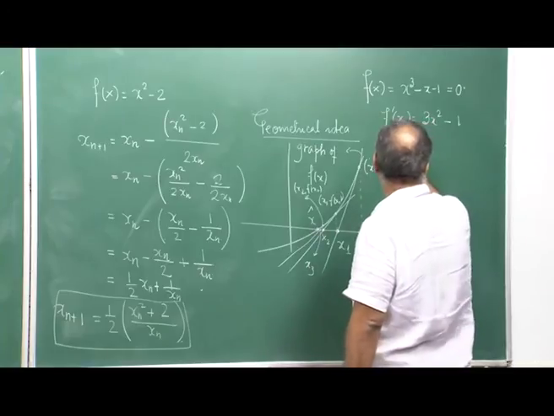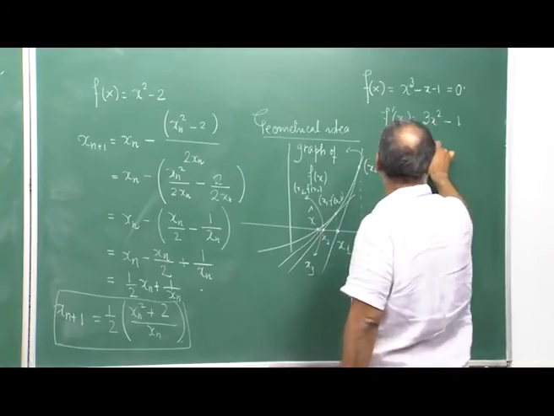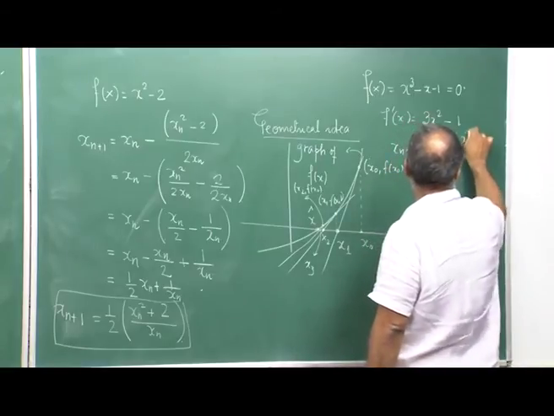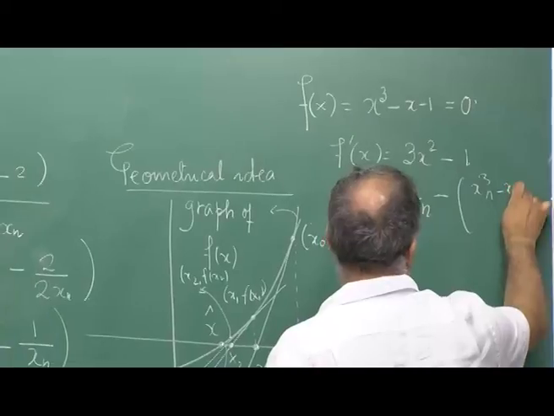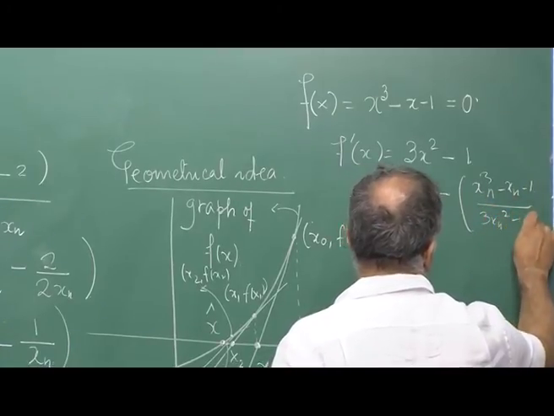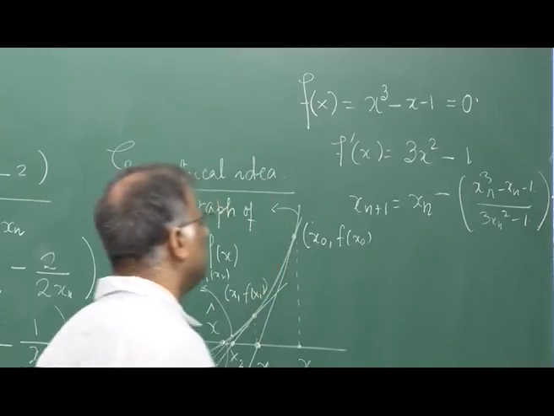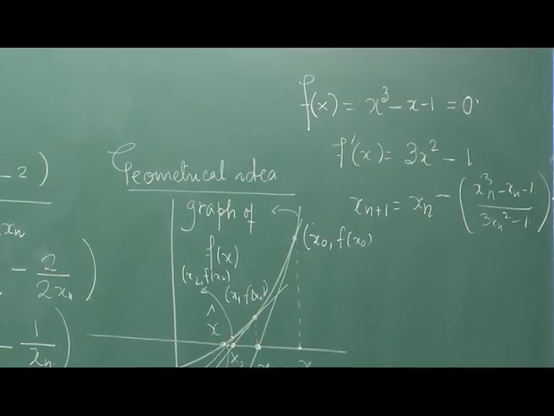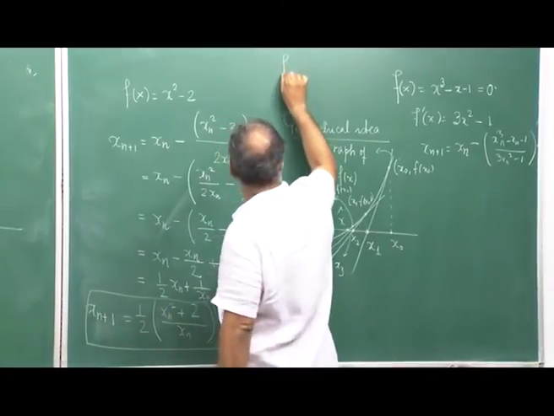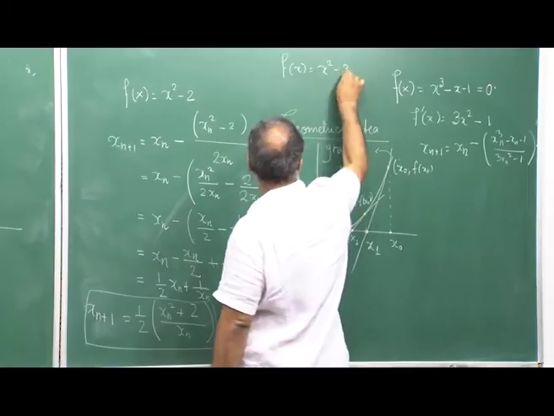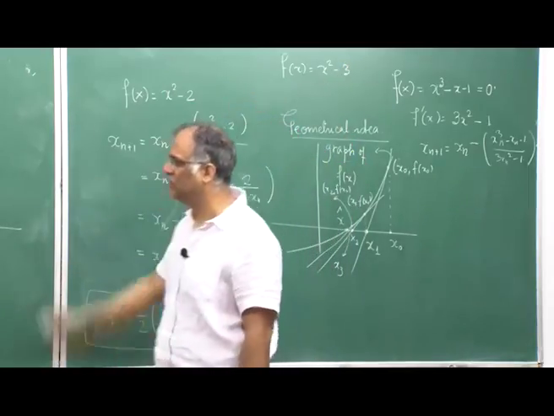So your x_{n+1} in this case would become x_n minus (x_n cube minus x_n minus 1) by (3 x_n square minus 1). Of course, I would also ask you to try to find f(x) = x square minus 3, that is, the square root of 3.